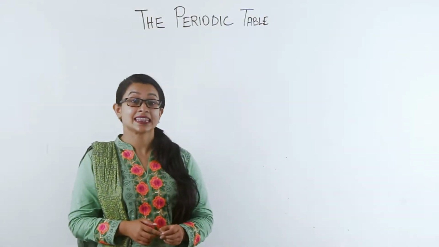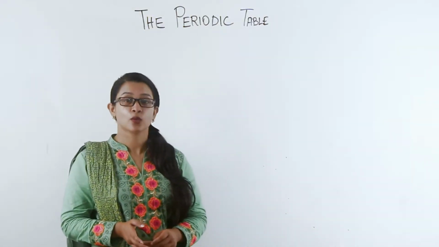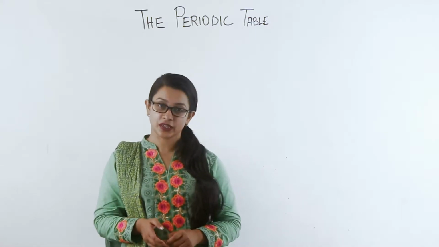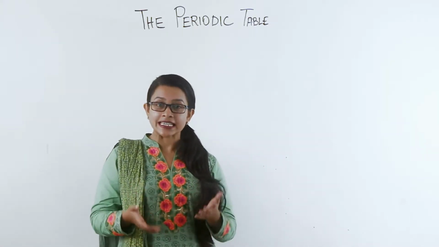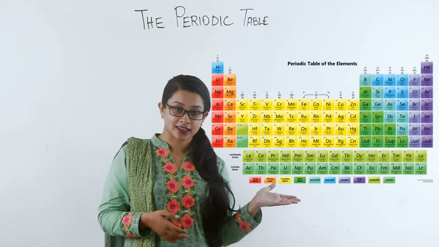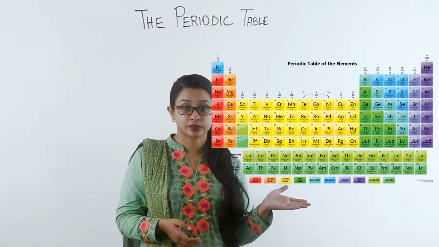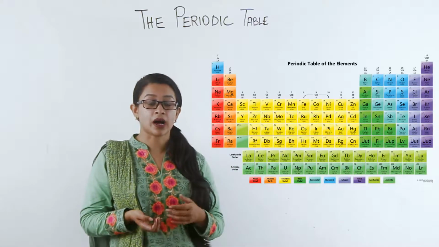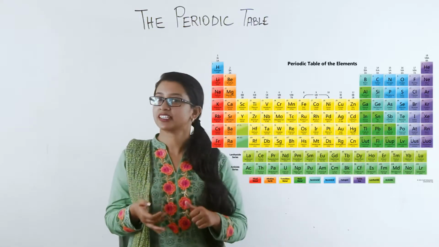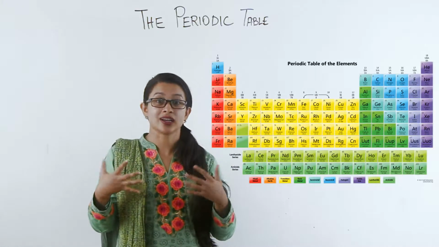So guys, at this part of the lecture, we are going to talk about the periodic table. What is a periodic table? For your ease of understanding, this is what a periodic table looks like. Now, you can find the diagram of a periodic table behind your chemistry textbook or your chemistry practical book, or you can Google it.